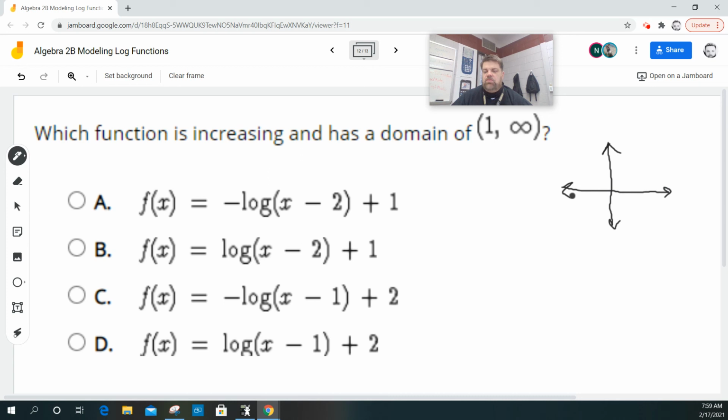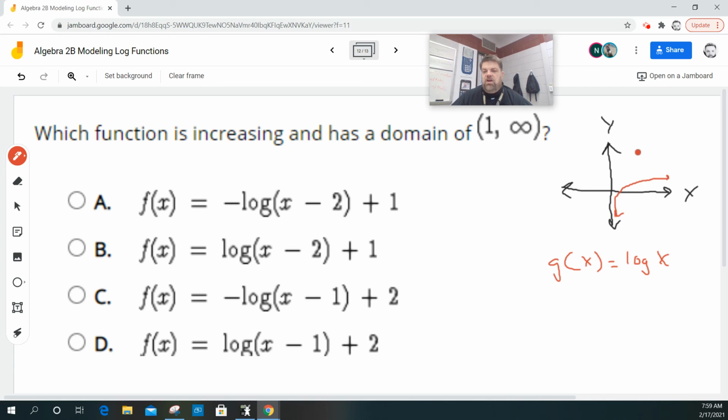So if I have an xy plane, right, and I want to graph, we'll call it g of x, we'll say that g of x is equal to the common log, this is log base 10 of x. Well, I know that it's going to look like this. It's going to kind of look like that.